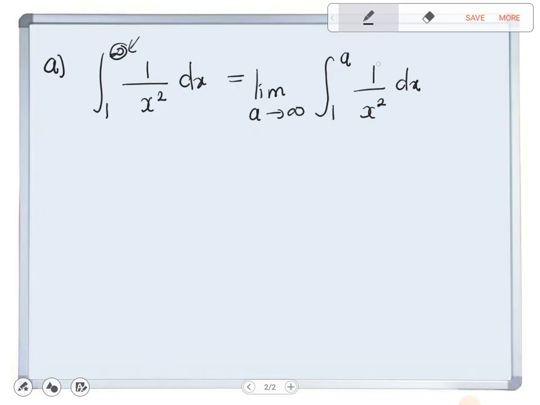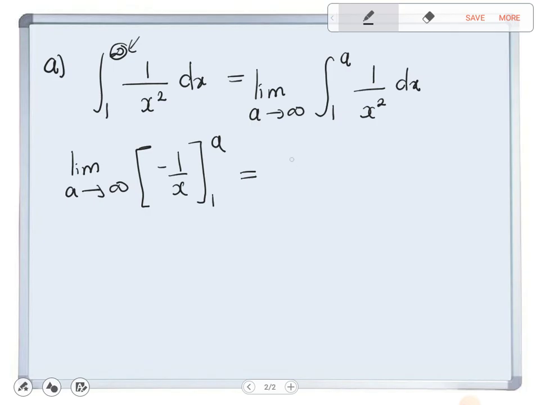Then we can now integrate this one. Integrating 1 over x squared, I think by now it shouldn't be a problem. We have the limit as a approaches infinity of negative 1 over x from 1 to a.